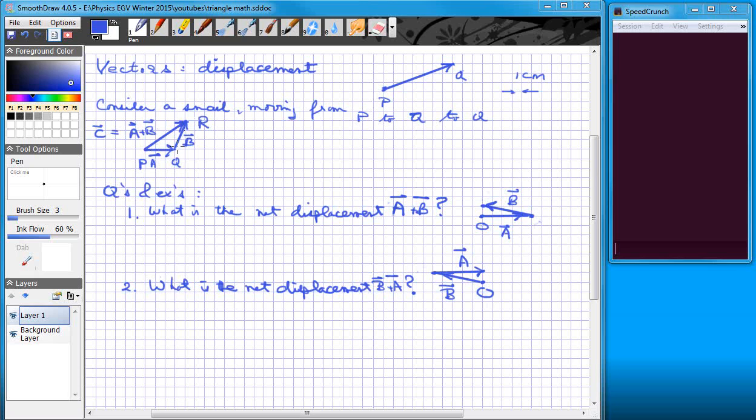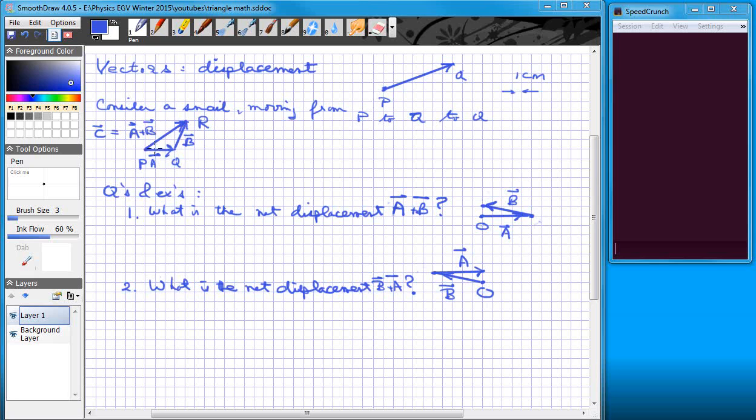And so the end result of the snail, first of all, going a displacement A and then a displacement B, is that the net result is that it starts at P and ends up going to R. And this is how we define the net displacement, simply as the addition of these two displacements.